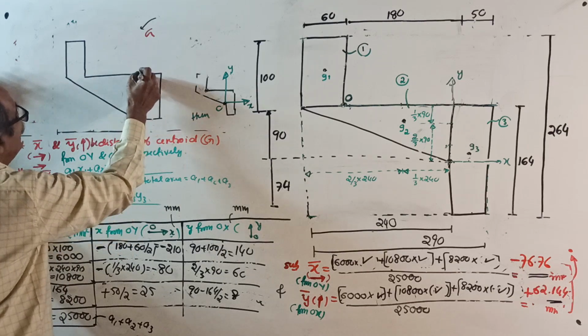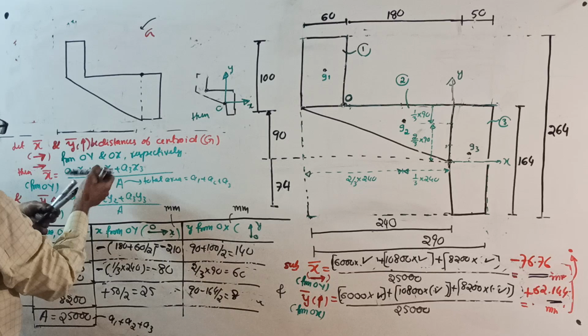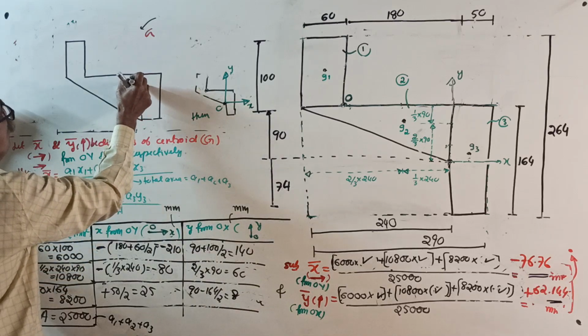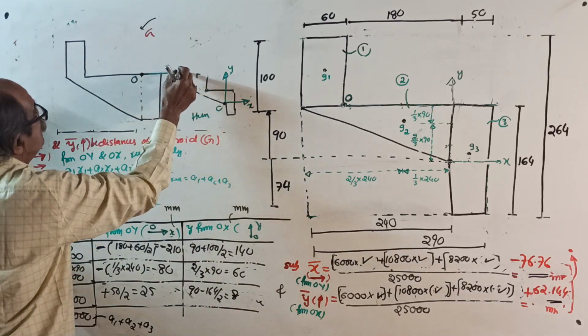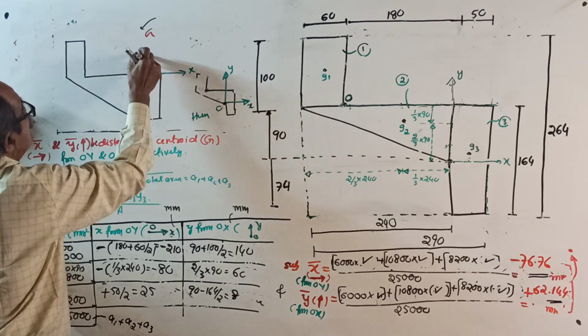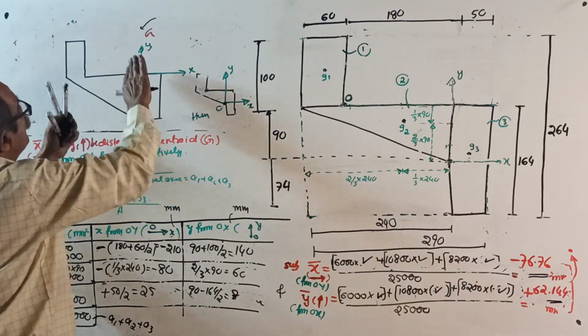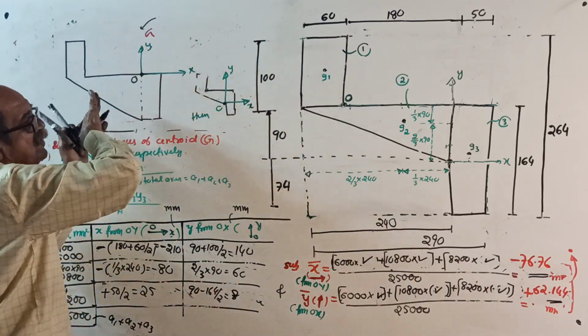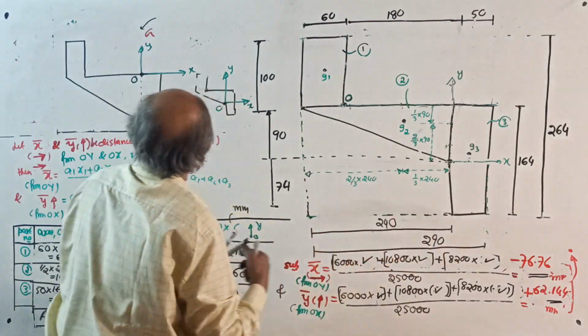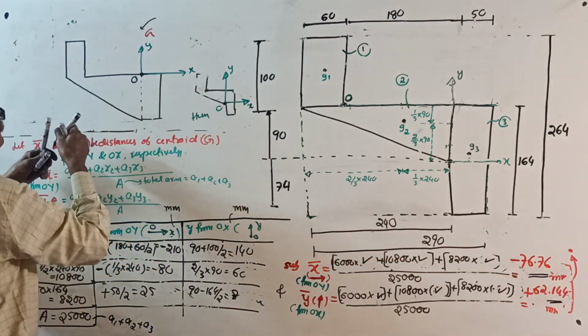Okay, from that point, this is their O. They told this is your OX, this is your OY. So from OY, X bar to the right side is minus 76.76, so it is to the left side.